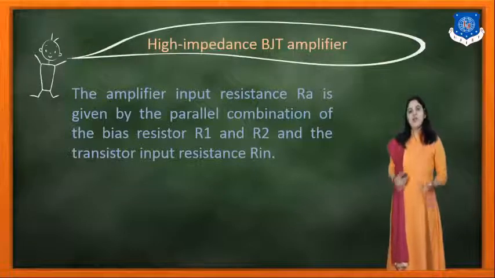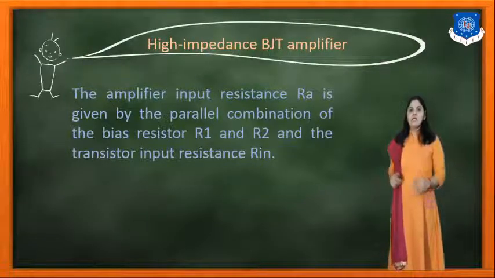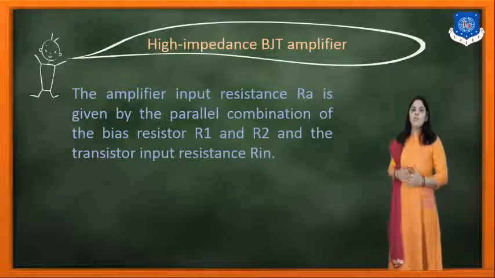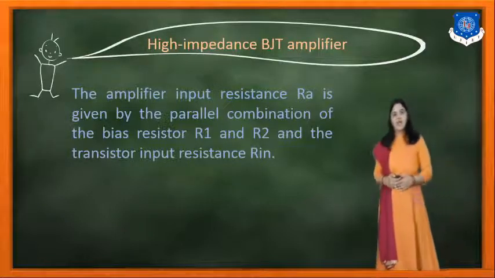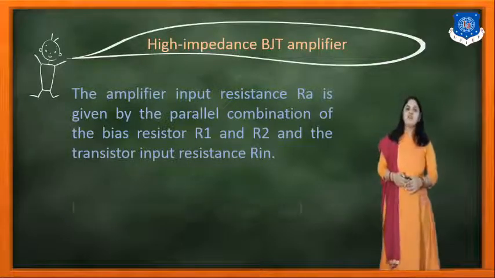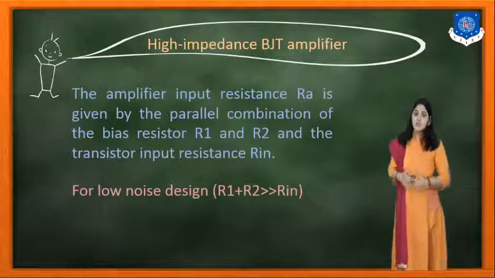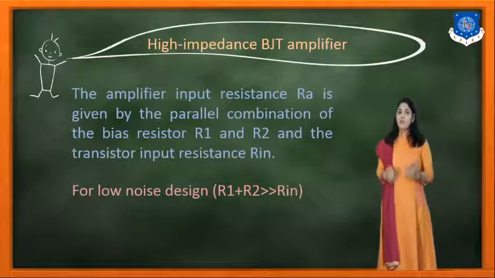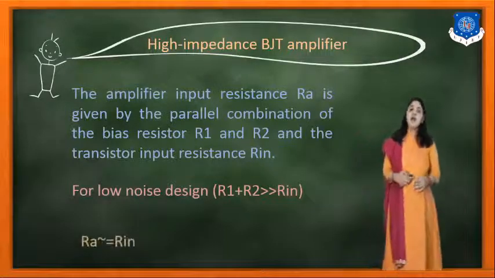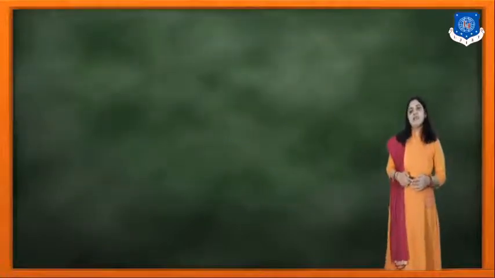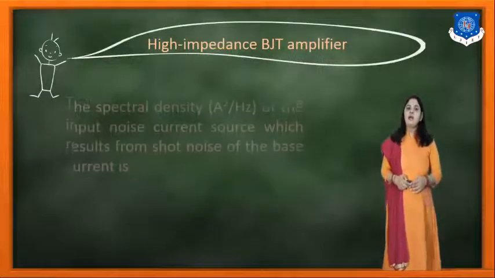The amplifier input resistance Ra is given by the parallel combination of the resistors R1 and R2 and the transistor input resistance Rin. For low noise, R1 plus R2 can be much greater than Rin, and Ra is nearly equal to Rin.